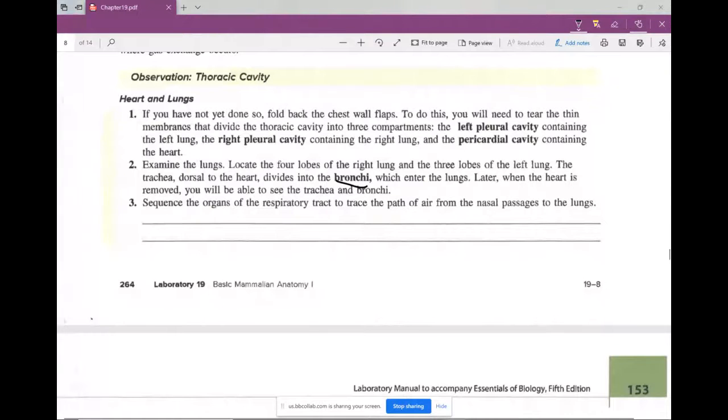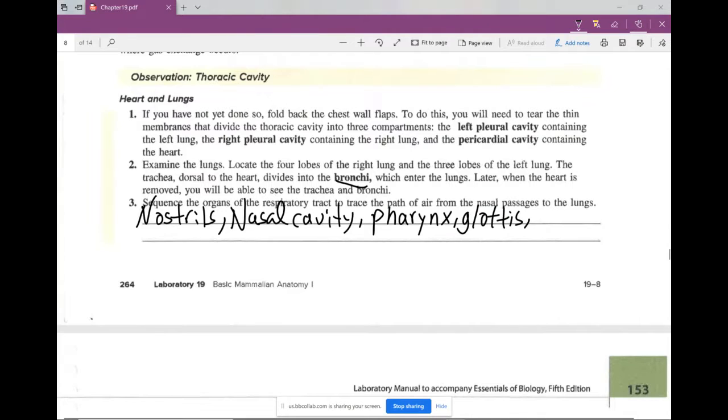So, sequence the organs of the respiratory tract. Right, you have the nostrils, then the nasal cavity, and then it passes through the pharynx, right, that common opening, then into the glottis, and then remember the glottis is the opening of the trachea, which is the first part of the trachea is the larynx, and then the trachea, and then you have the bronchi, and then you have the lungs.